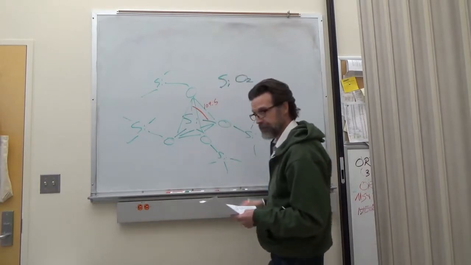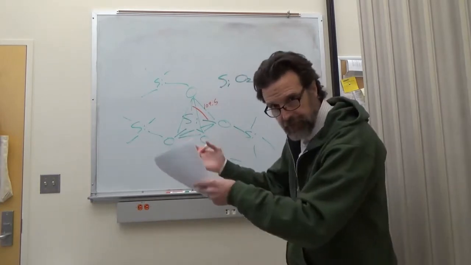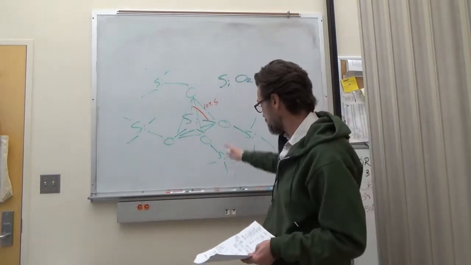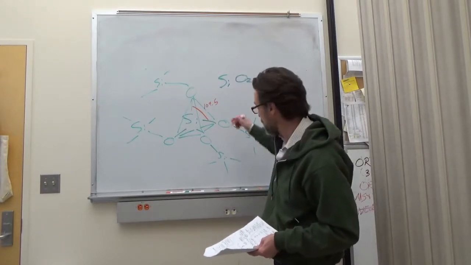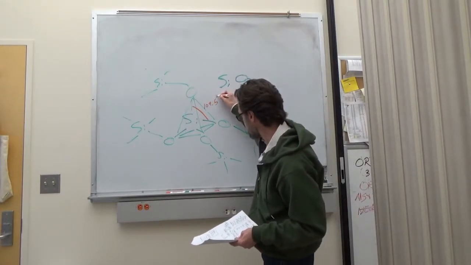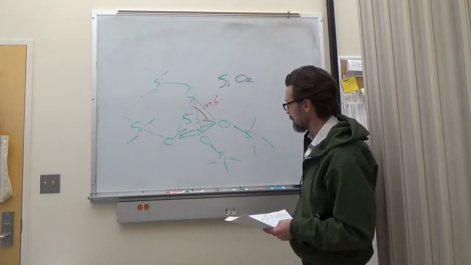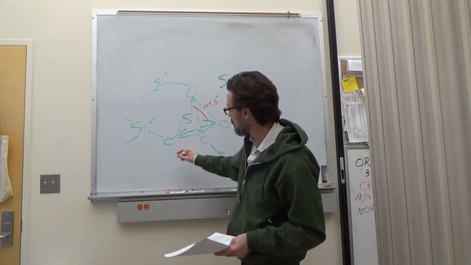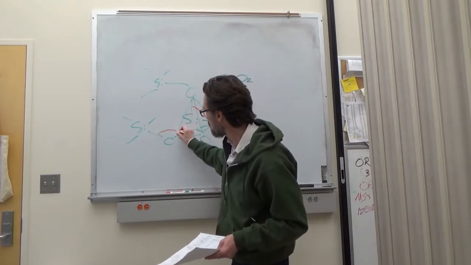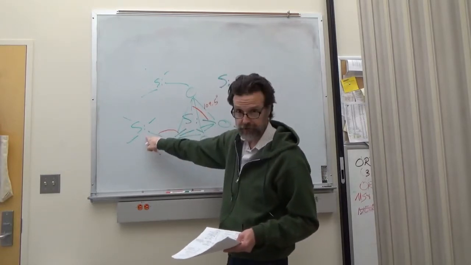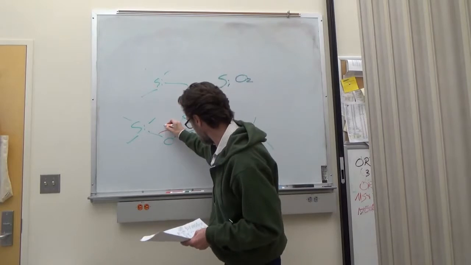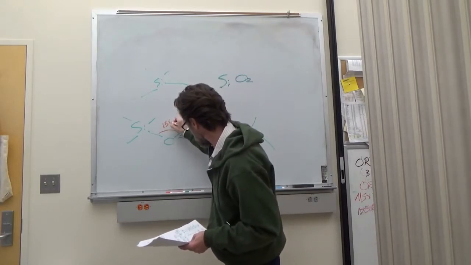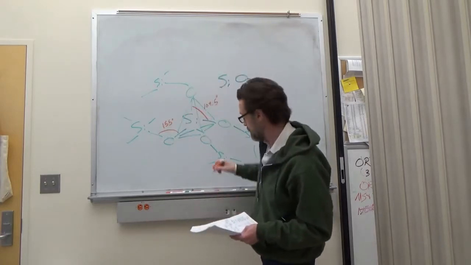There can be some bond bending and bond stretching, but this is the angle that it wants to be at. And similarly, if we look at the angle here between the silicon, oxygen, silicon, that is going to be 155 degrees.